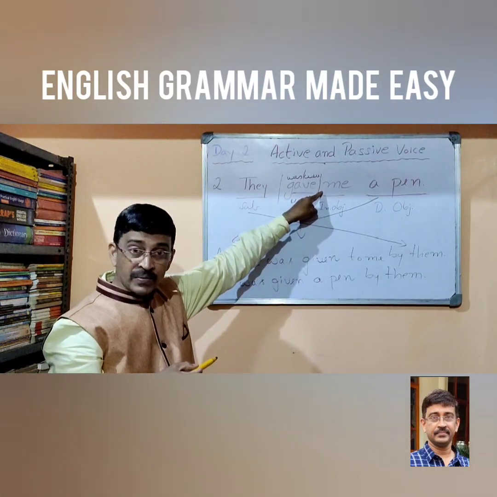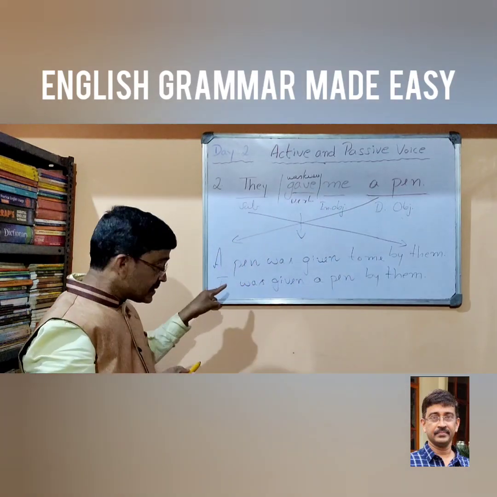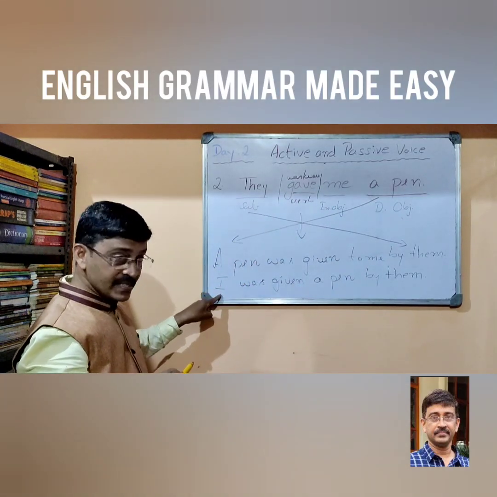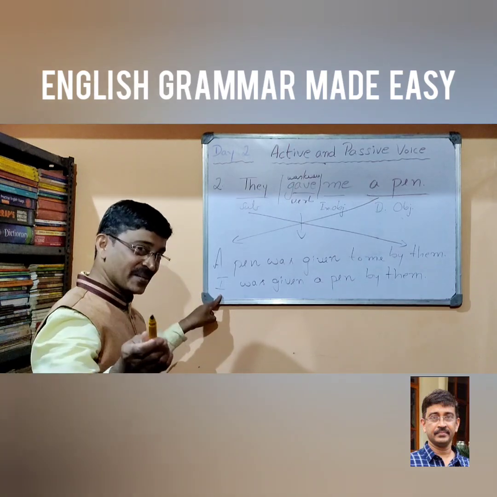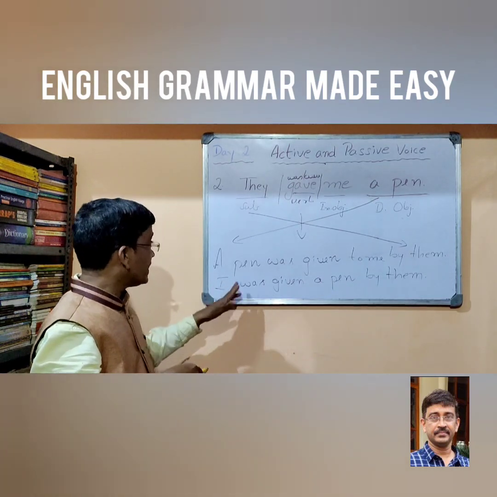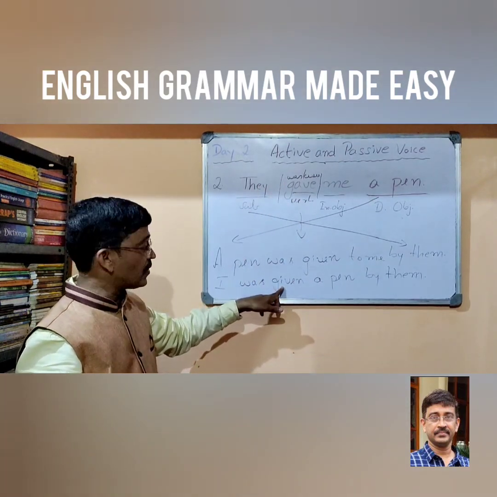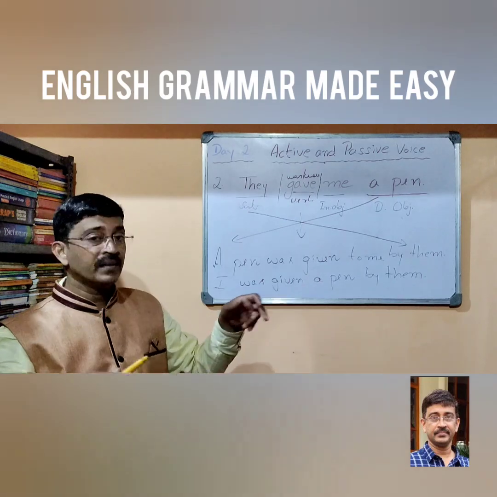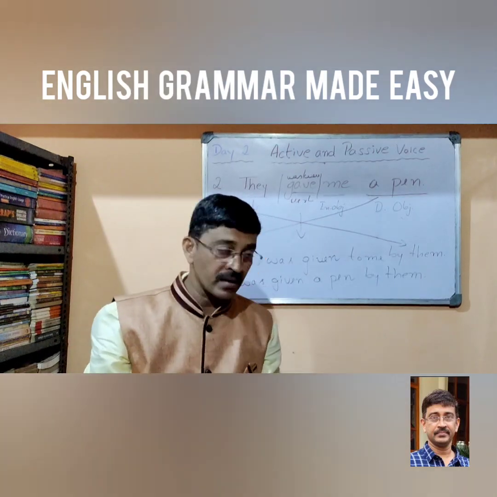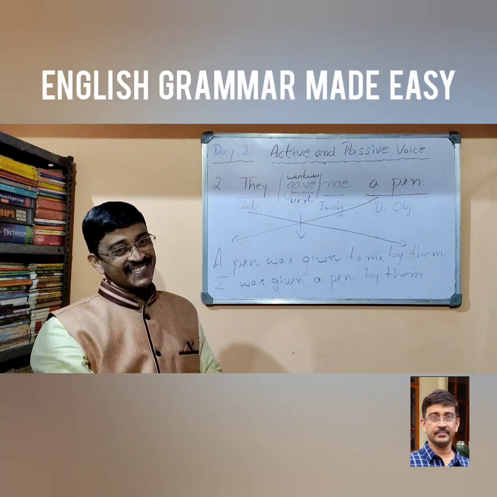Here you have the objective case pronoun me. When you bring it here as subject, you have to change it into subjective case, and me becomes I. Then take the helping verb was. Same rule you have to follow. Given. I was given what? A pen by them. Got it?